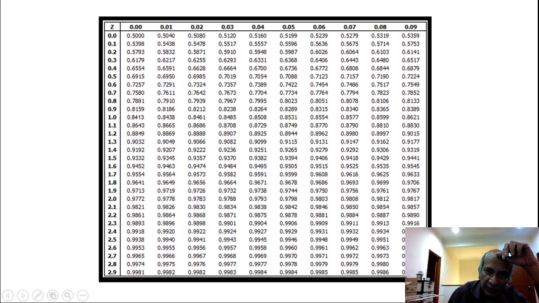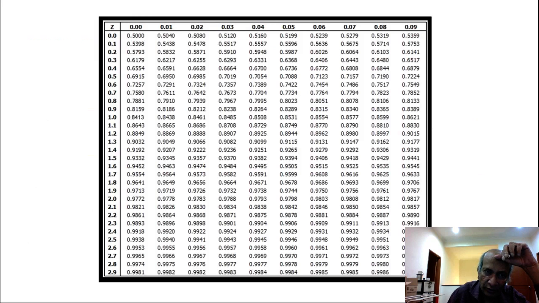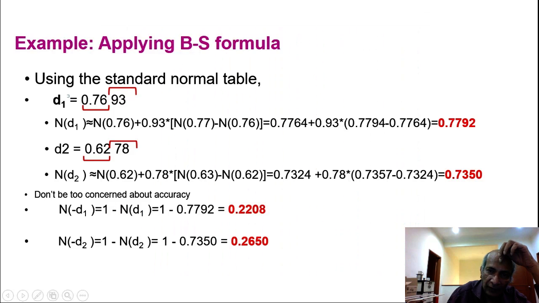Oh, no. You're looking for N of 0.63. You look at 0.6 and go to 0.03, that is 0.7357 is given. Okay, so the entire thing is computed to 0.7350. I think it's quite straightforward.